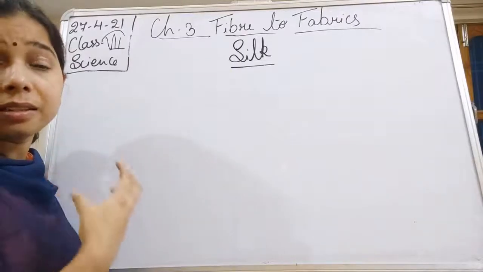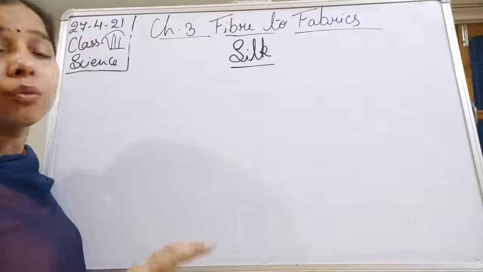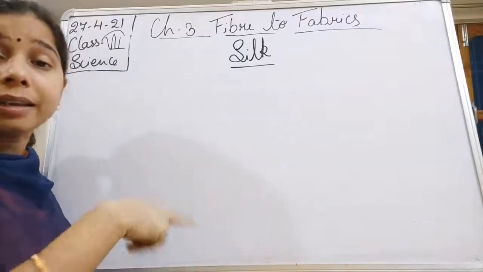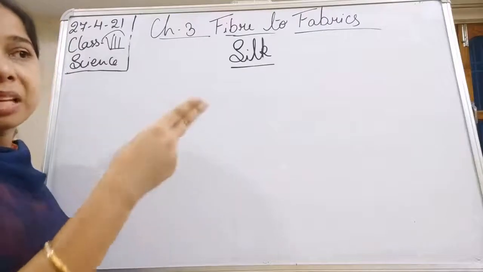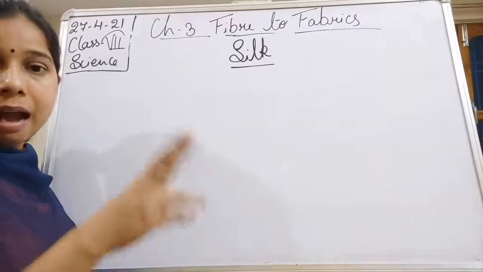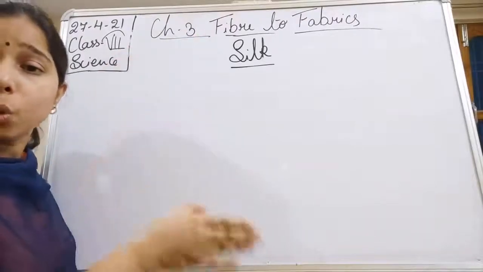It starts releasing a liquid from its mouth, and it starts moving its head side by side, making a structure of an 8, and by doing so, this larva covers its whole body.